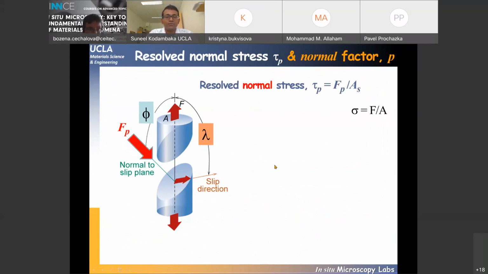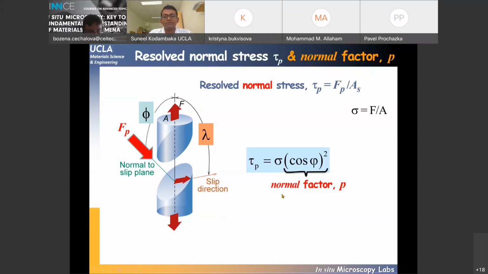But maybe during compression, the resolved component that leads to the dislocation motion may be countered by a stress that is acting opposite. This is like a frictional stress that tries to push the planes together or closer, and so this normal stress can suppress dislocation motion.